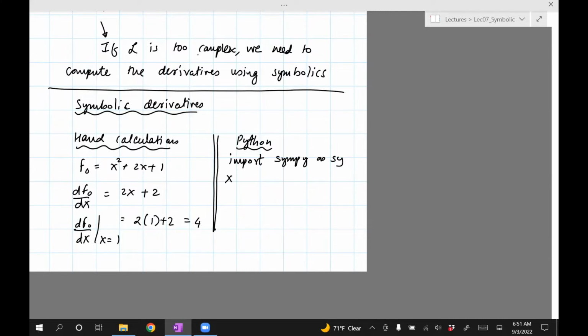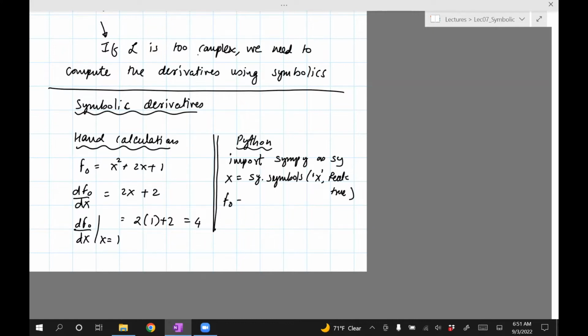It's not a numeric value, so we need to say sy dot symbols x, real equals true, and we say real equals true because we don't want x to be complex.